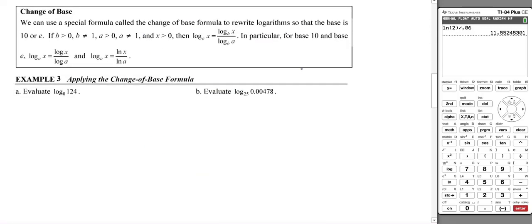Change of base formula. We can use a special formula called the change of base formula to rewrite logarithms so that the base is 10 or e.